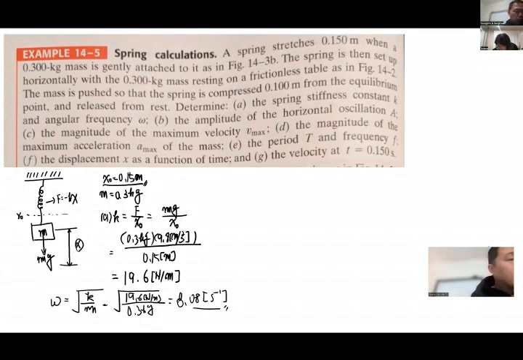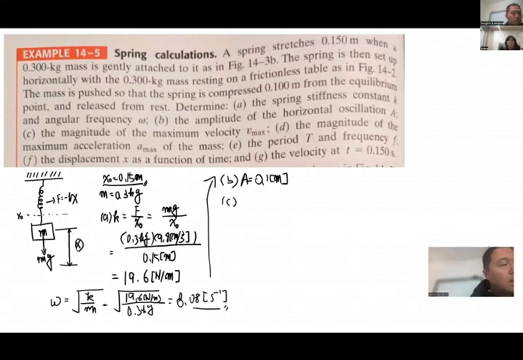In one second. So using those numbers, you can also estimate the magnitude, the amplitude of the original oscillation. So A is 0.1 meter, compressed to 0.1 meter.